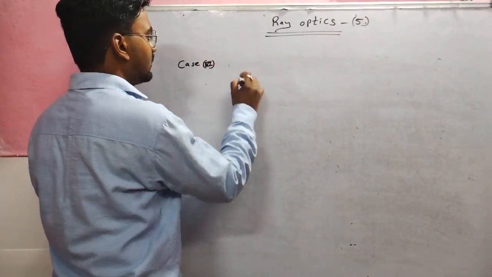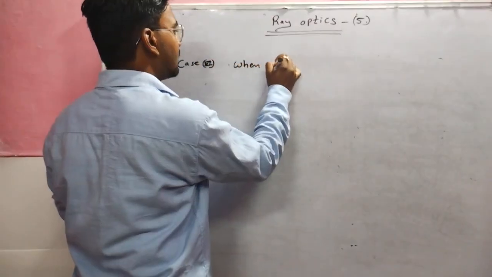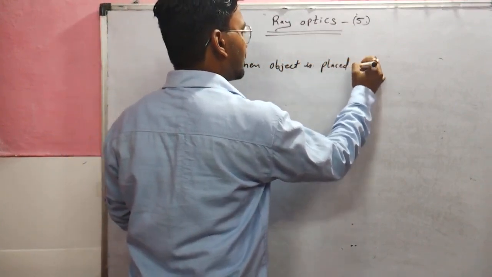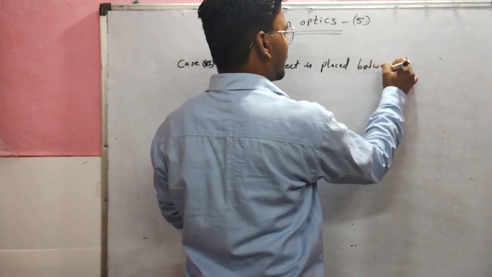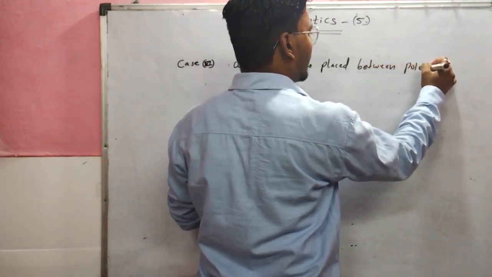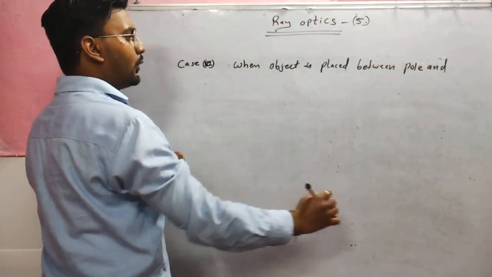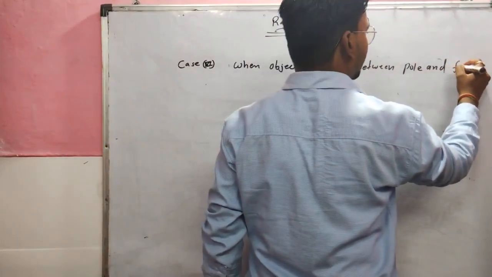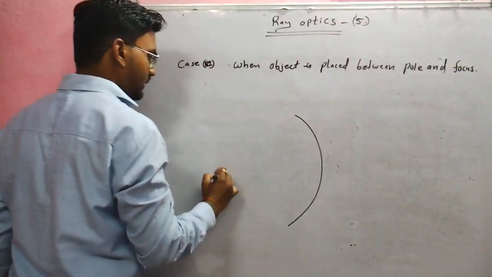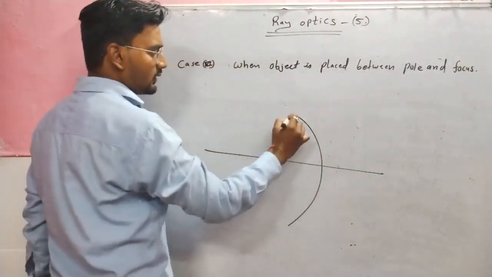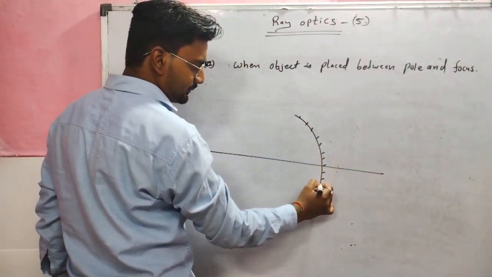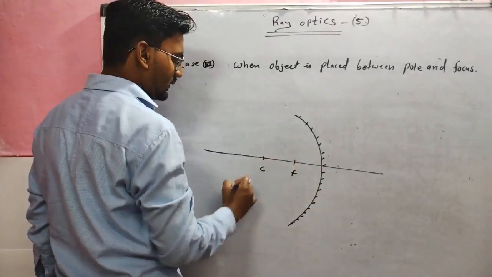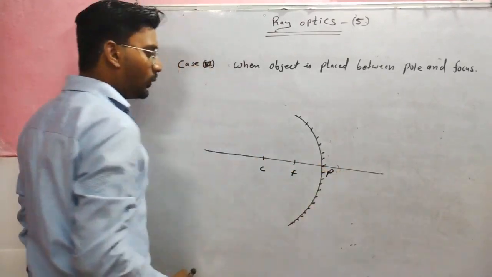And one more point, case sixth, when object is placed between pole and focus. Okay, see here, this is our concave mirror and this is focus, this is center of curvature and this is pole.